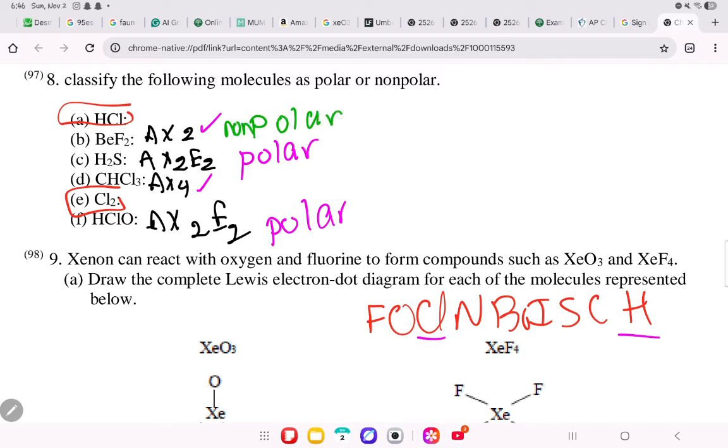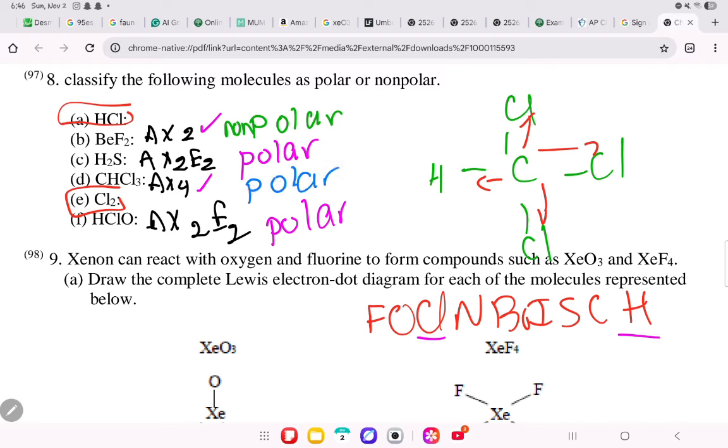Over here, if you drew it, it would be C, H, Cl, Cl, Cl. So if you were to draw the electronegativity, it would be here, here, here, and here. This is a bit smaller. So basically, as you can see, this is gonna be polar because it's not equal. Not all of them are the same.